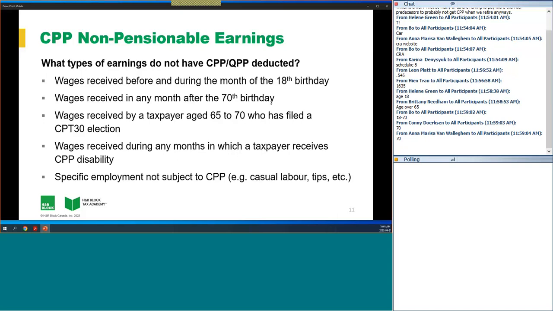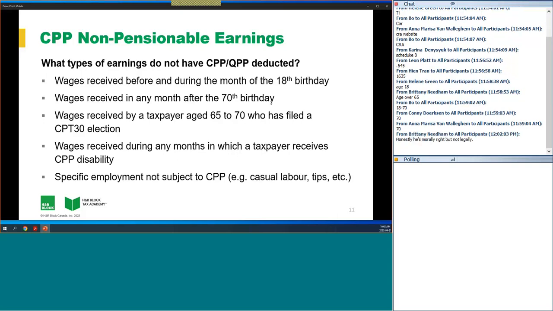So he just very helpfully, when he filed his return, decided to ask for all of his CPP deductions back as a refund. Turns out the government did not agree with him. Turns out the government was right. So even if you are someone who maybe will, for whatever reason, not benefit from CPP in the future, it doesn't matter. It's not an option. It is mandatory. The employers have to do it.